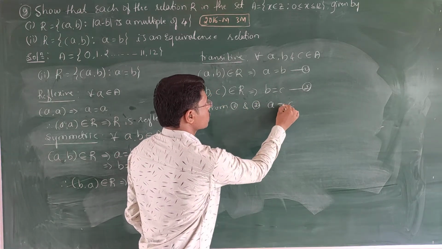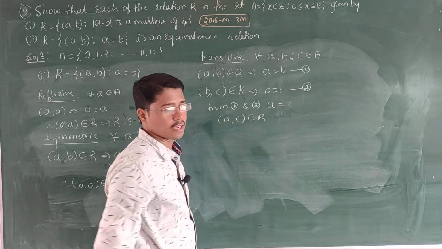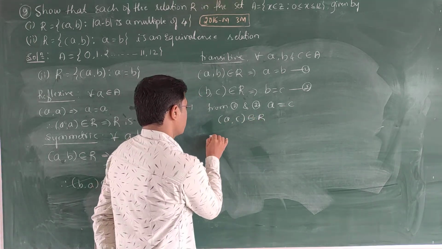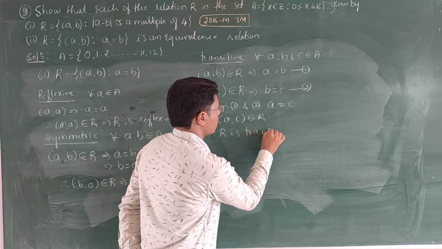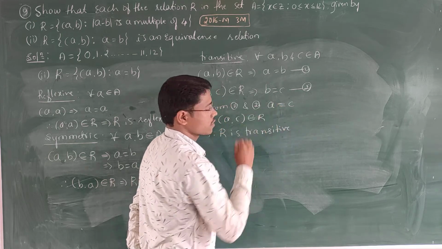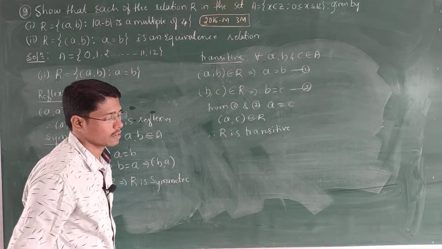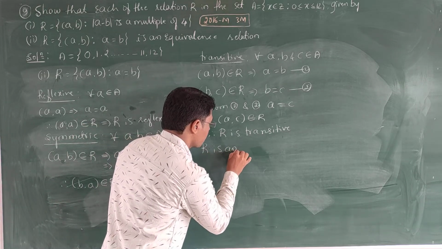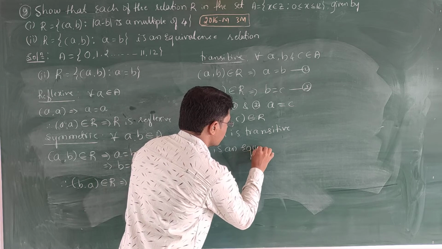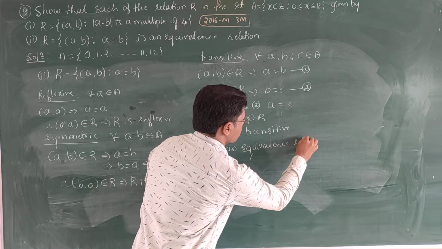So a is equal to c means (a, c) belongs to R. Therefore, R is transitive. So R is reflexive, symmetric, and transitive. We can say that R is an equivalence relation.